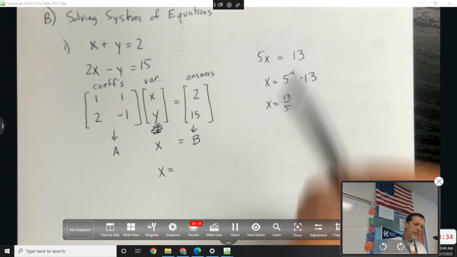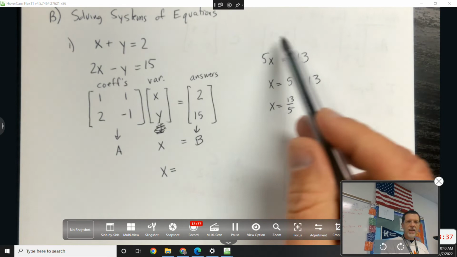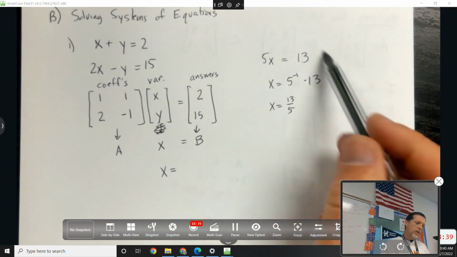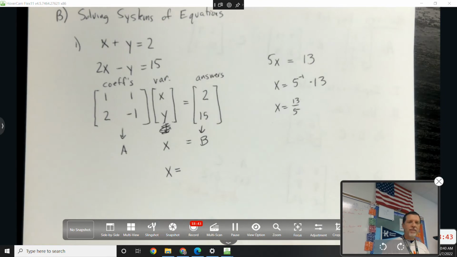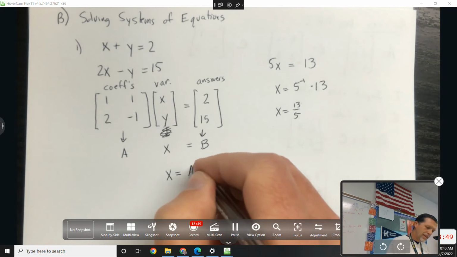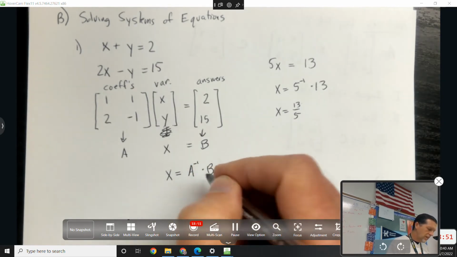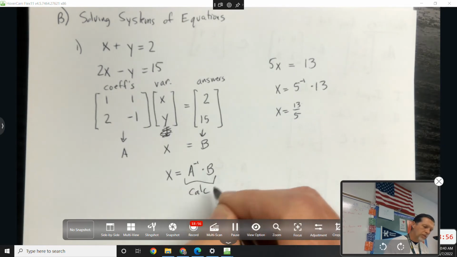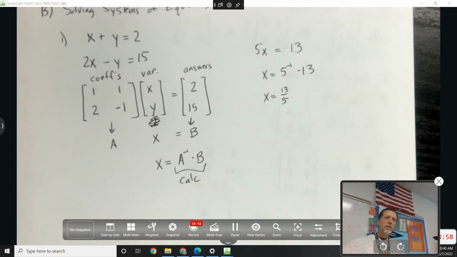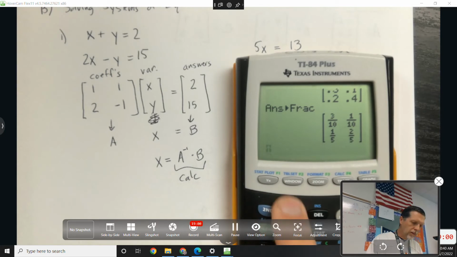Now, using this kind of as a guide, what do you think we should do over here to get x by itself if we're not allowed to divide by a matrix? Multiply by its inverse. And this is what the calculator will do for us. So let's put A and B into the calculator.